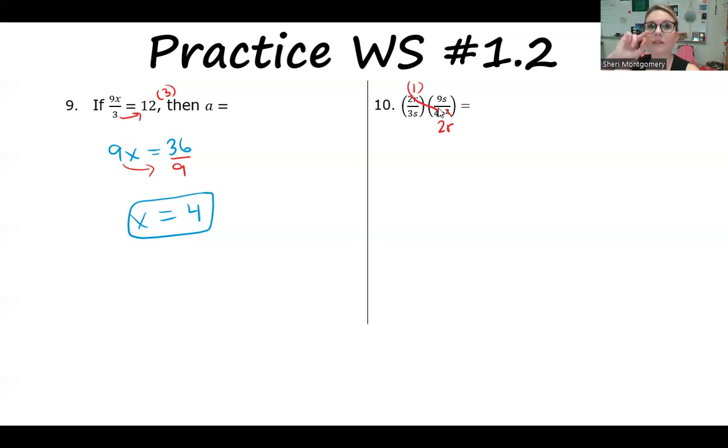And then the other direction, the S's will cancel. Those go away. And then 3 can go into 9. How many times? 3. So when we multiply straight across, I get 1 times 3 is 3. 1 times 2R is 2R.